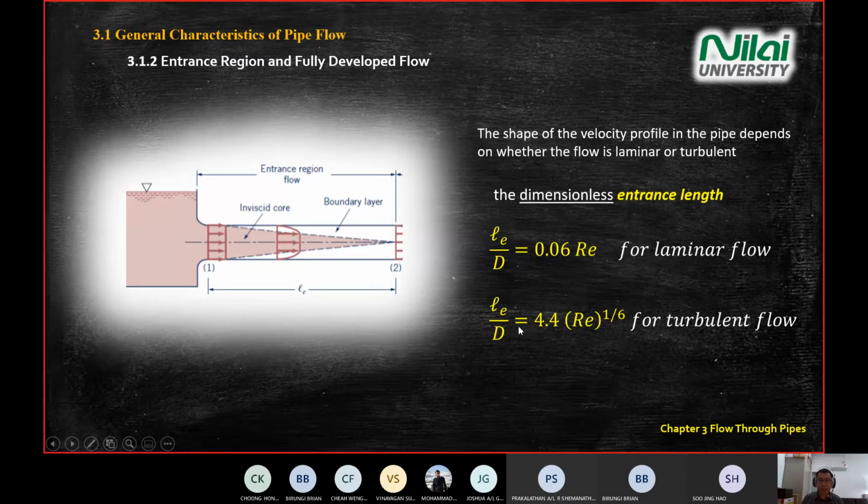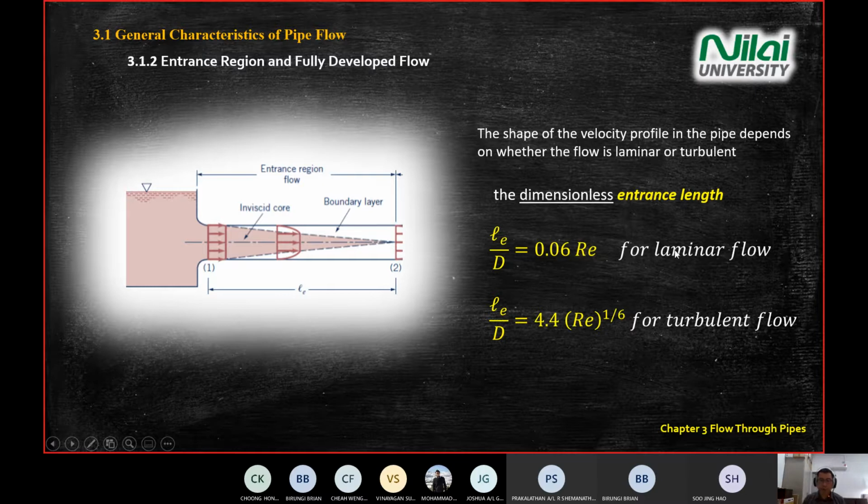So these two formulas, when you see that the question mentions laminar flow inside the pipe or turbulent flow inside the pipe, then straight away you pull out either this one or this one. This is determined by experimental data already. So straight away you plug in either this one or this one for laminar or turbulent condition.